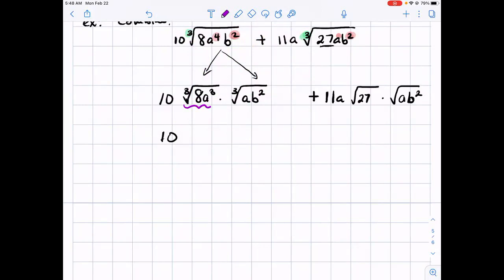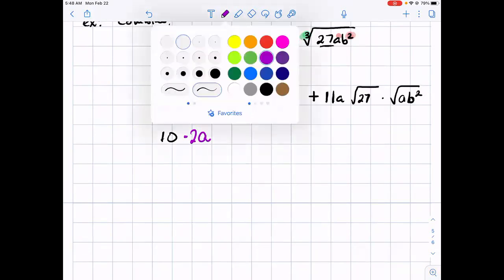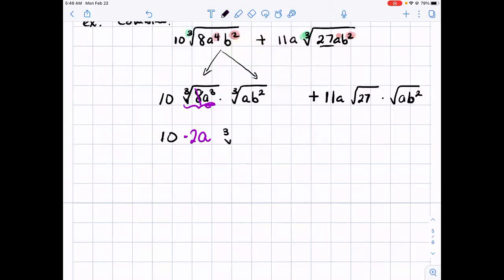Okay. So the cube root of 8, this becomes 2 times 2. And the cube root of a cube is a. And we have left the cube root of ab squared plus 11a. The cube root of 27 is 3, so times 3.